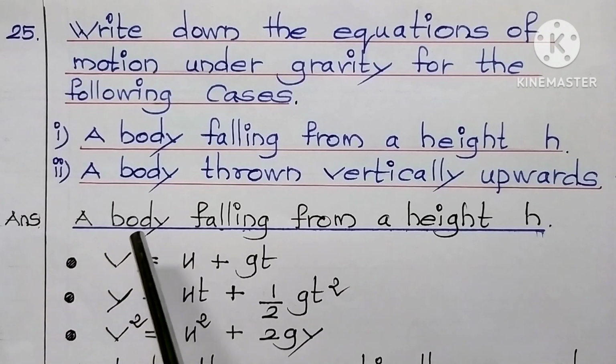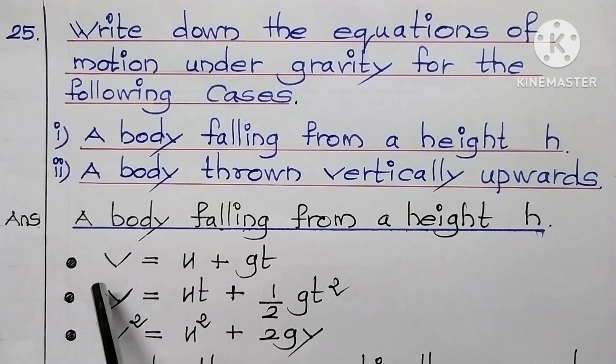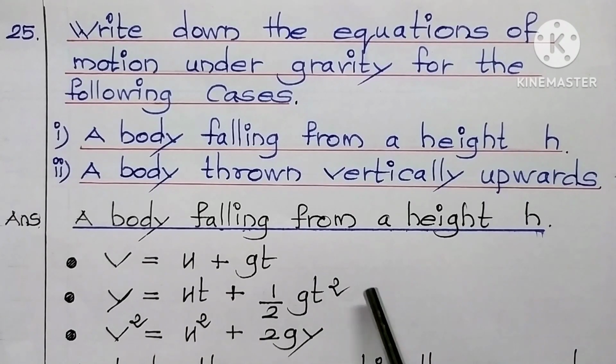Answer. A body falling from a height h. Here, instead of writing small a, which denotes acceleration, we are going to replace it with small g, which is nothing but acceleration due to gravity. So the equations become v is equal to u plus gt, y is equal to ut plus half gt squared.